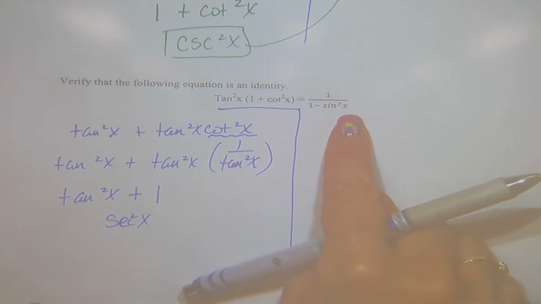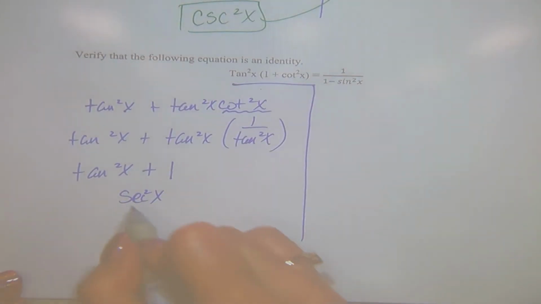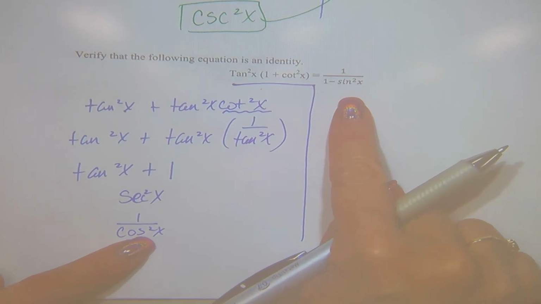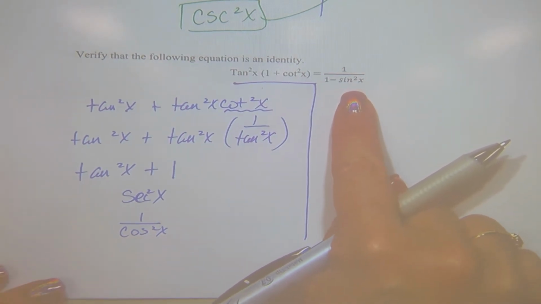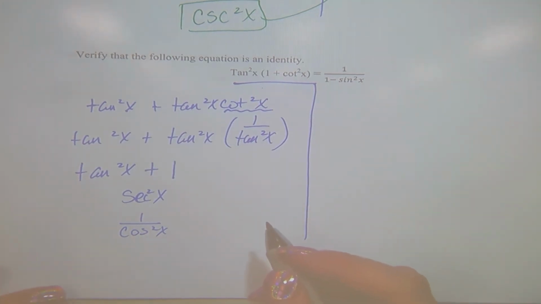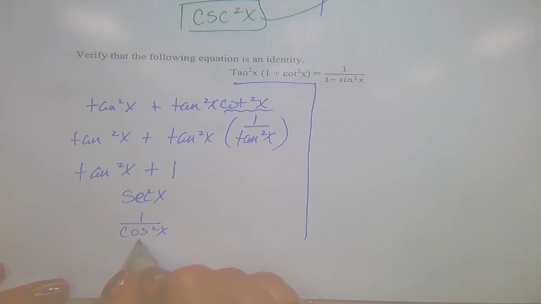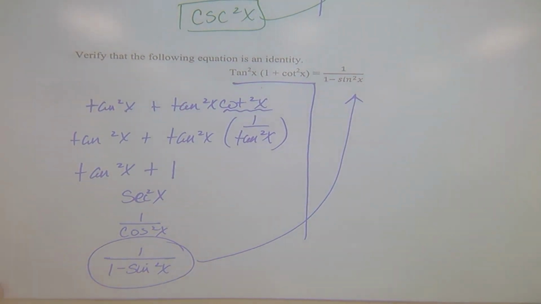I've got 1 over 1 minus sine square x. So how can I get there? Well, secant's the reciprocal of cosine, so 1 over cosine square x. And my link between cosine square x and 1 minus sine square x is that Pythagorean identity, sine square x plus cosine square x equals 1. So cosine square x is going to be 1 minus sine square x, according to that Pythagorean identity, and I have verified.